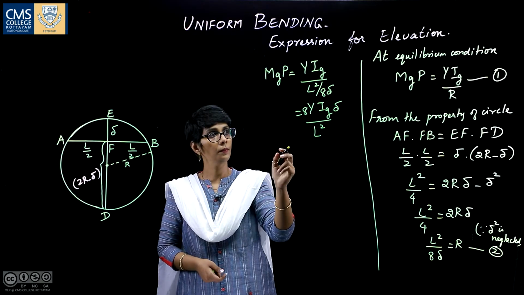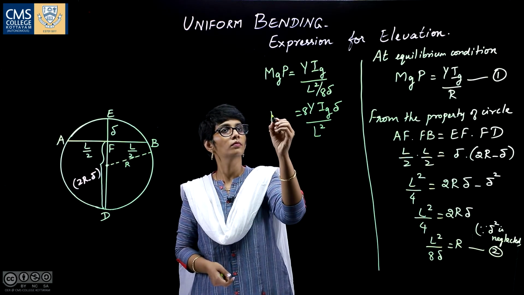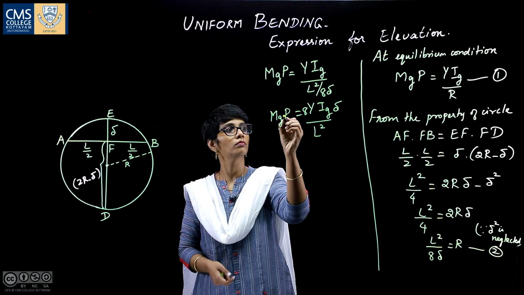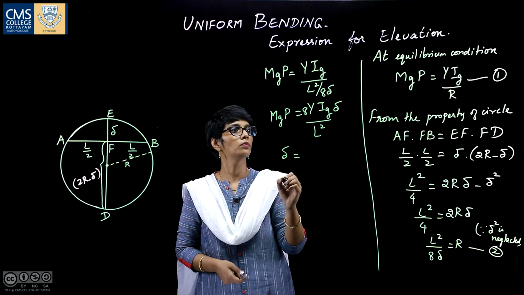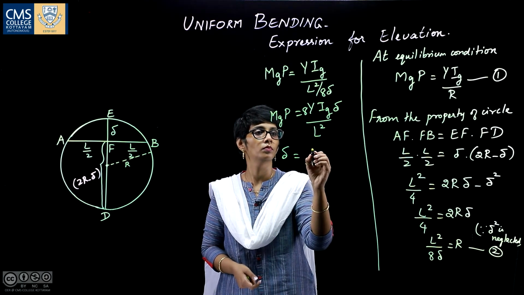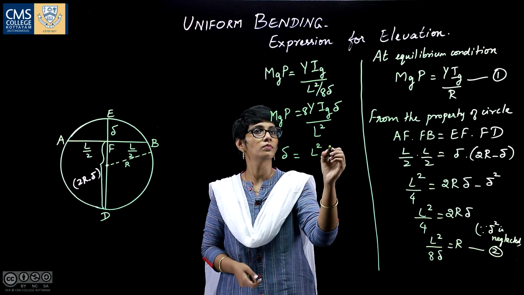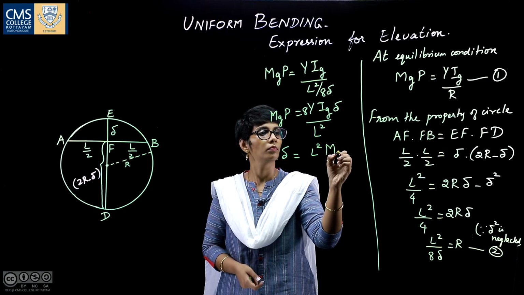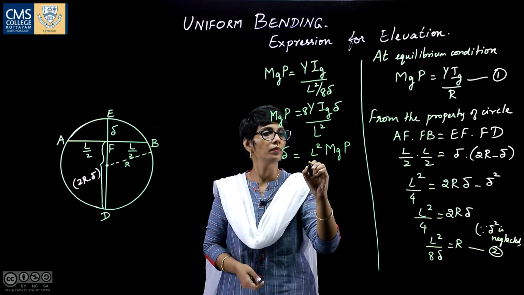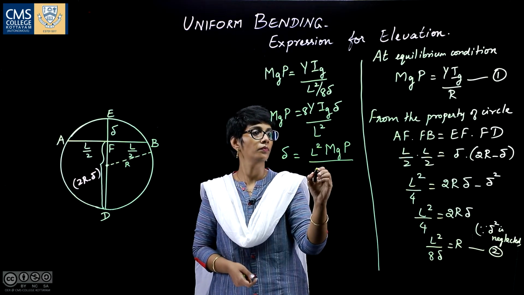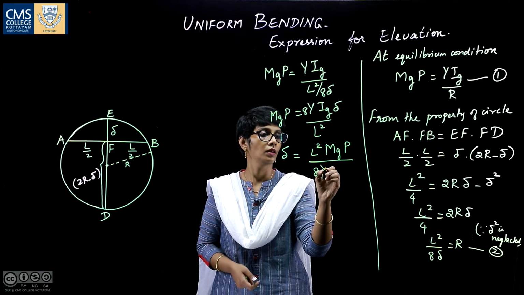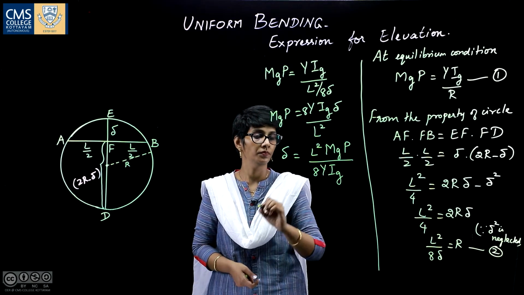So rearranging, we get delta is equal to L square mgp by 8 YIg.